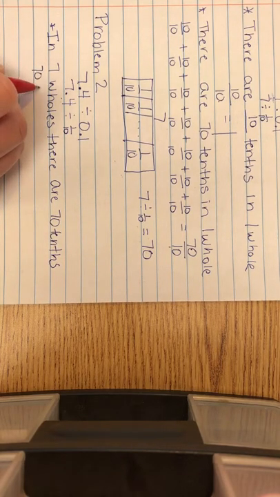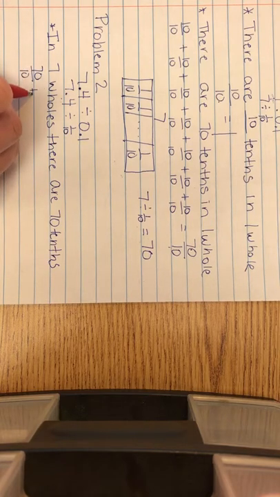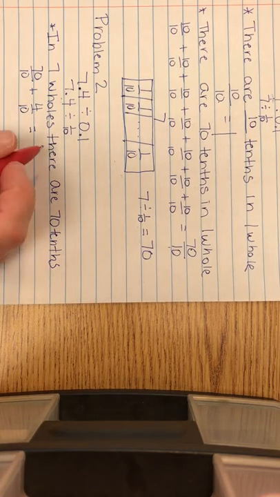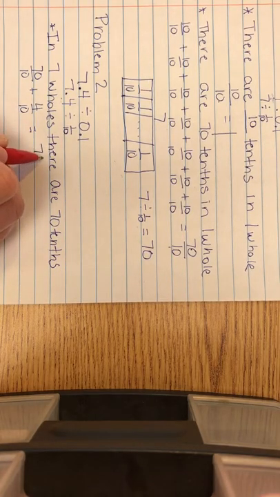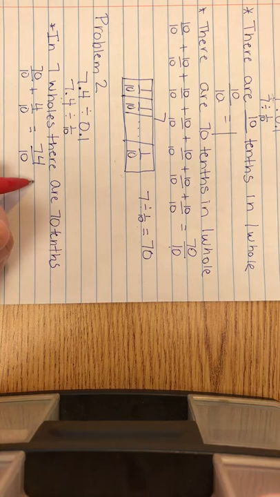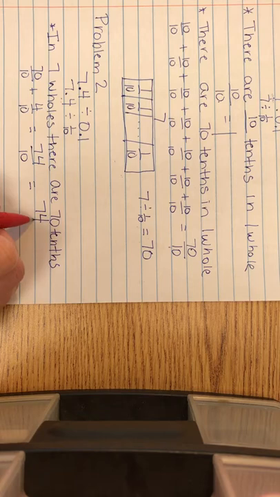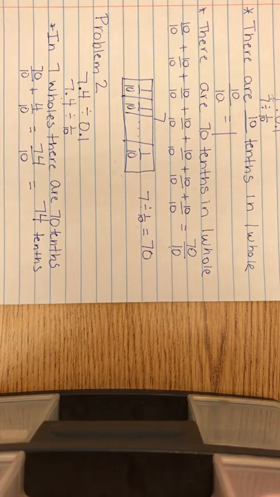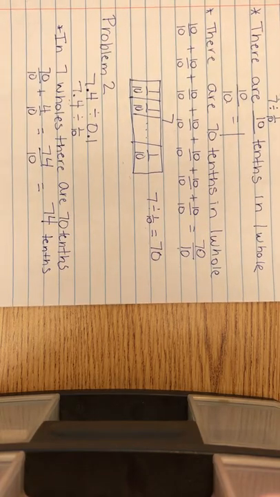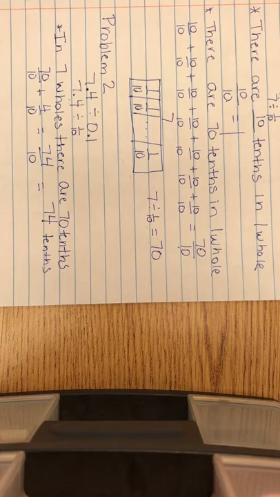So I have 70 tenths now, plus 4/10, and so that would give me 74 tenths, which for our answer, we are going to write 74 tenths. And that is our answer. Okay? So if you have any questions, this is a good chance to pause or go back and rewind.